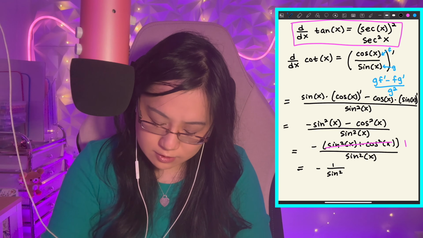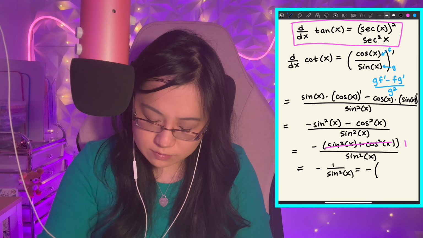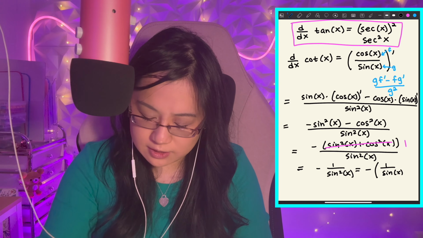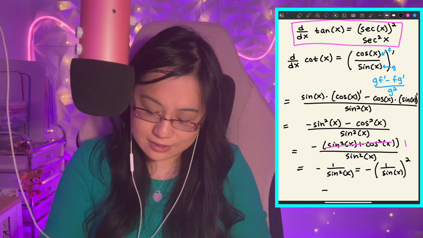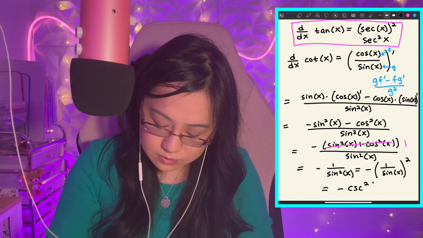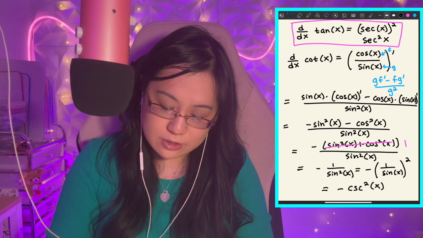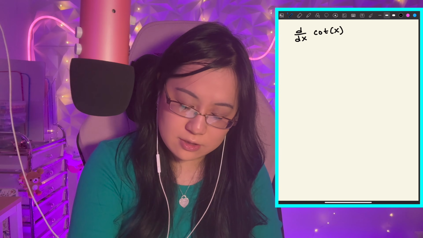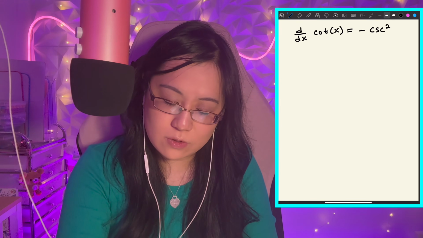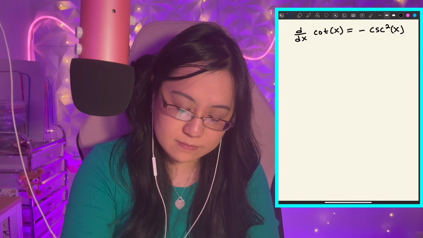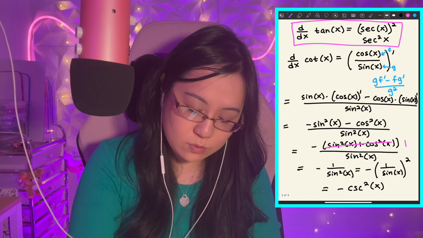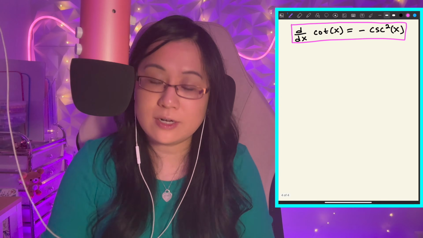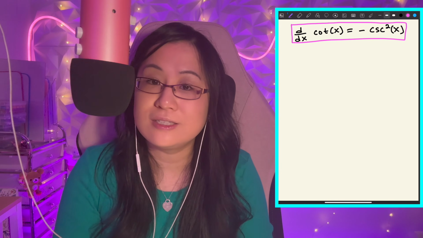So negative 1 over sine squared x, which you can write out is negative cosecant squared of x.